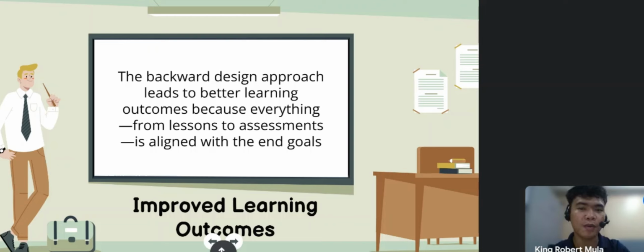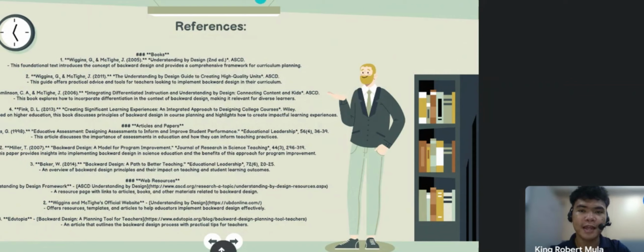When the students walk away from a backward design unit, they not only know the content, but also. That ends my discussion. As we wrap up, let's remember that backward design is a simple but powerful shift in how we approach teaching.